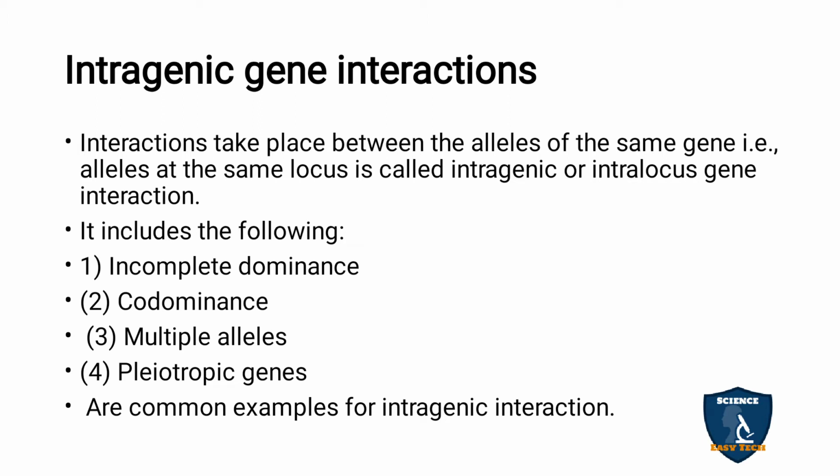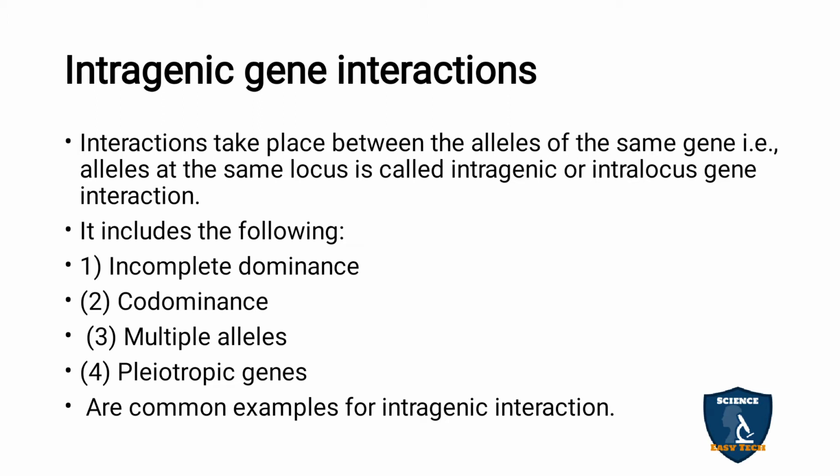Analyzing means interacting with herself or himself, which is known as intragenic gene interaction. That is, interaction takes place between the alleles of the same gene, the alleles at the same locus, and it is called intragenic or intralocus gene interaction.